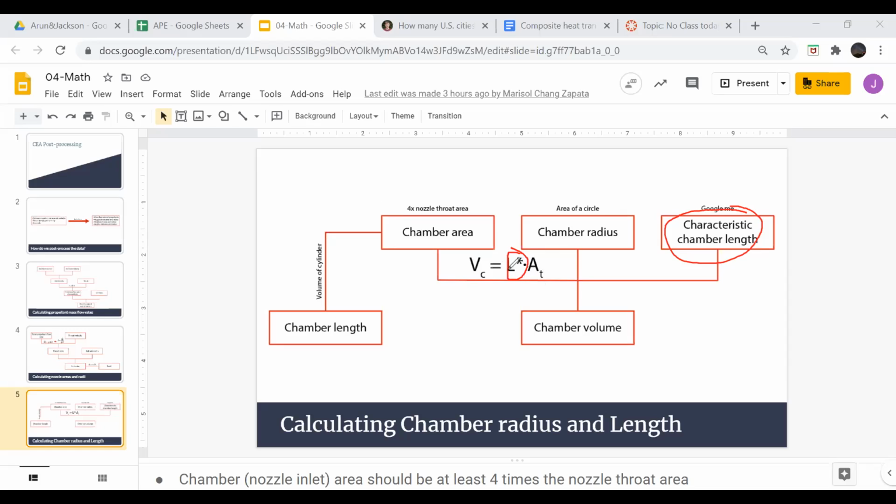And we use Lstar times the throat area to find the required volume of the combustion chamber. And this works out because remember back to m dot equals rho A V: as the cross-sectional area of your combustion chamber increases, the velocity of the combustion products goes down.